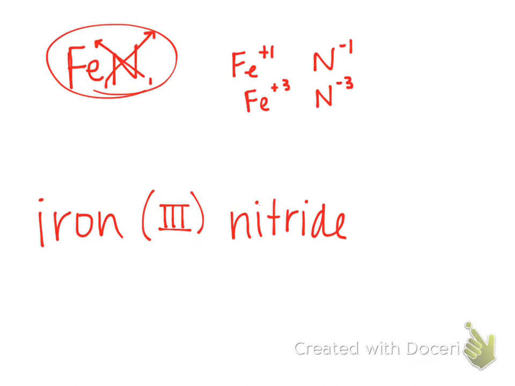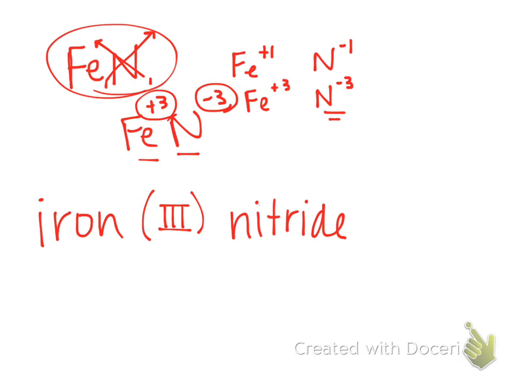When you see that reduction happening, you've got to check the anion for its original charge. Okay, if you don't use the crisscross method, then you're just looking at charges itself, and you should be able to see, oh, these are a 1-to-1 ratio. I know nitride is always -3, which means iron has to be +3.